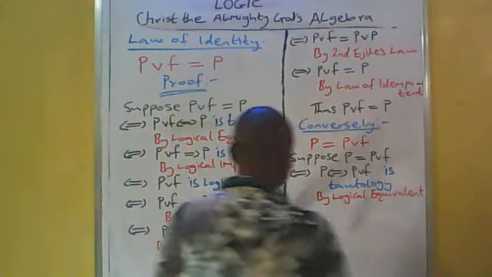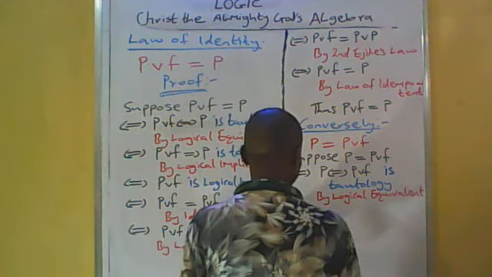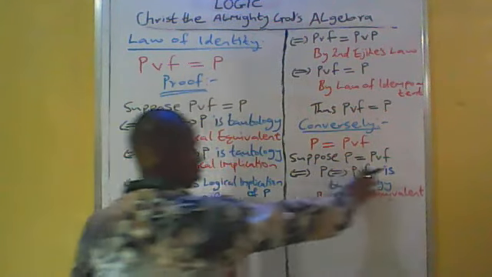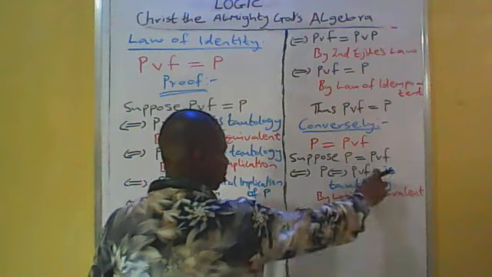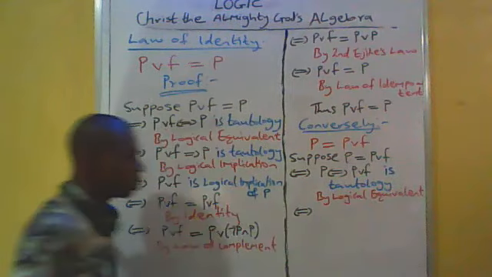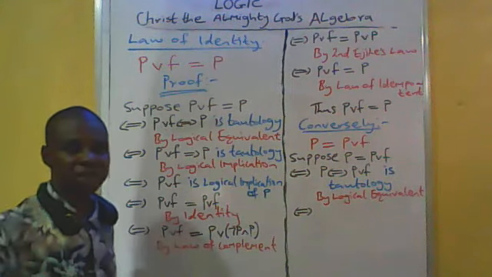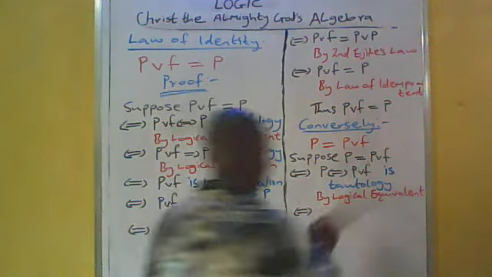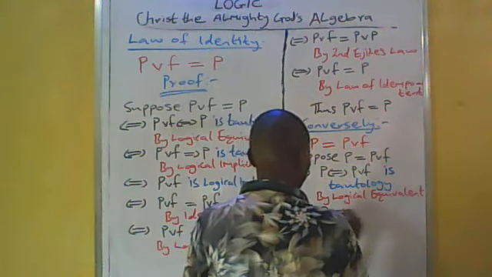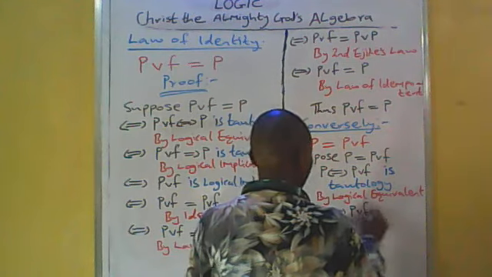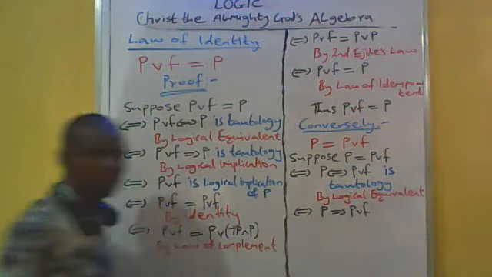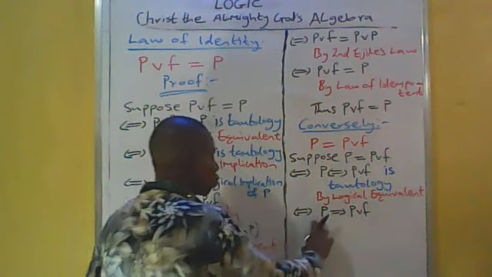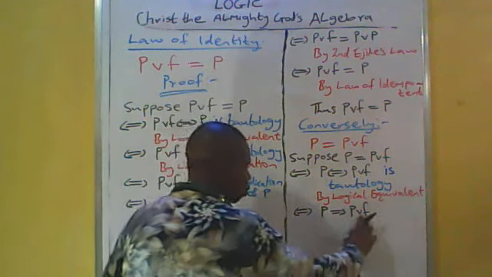If and only if, now this statement is tautology. Since this biconditional statement is tautology, you can also transform it to a conditional statement and it will still preserve tautology. That is, P implies P or F. You have now transformed it to a conditional statement. Whenever the antecedent is true, the consequent is also true.